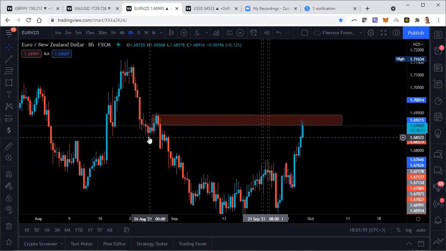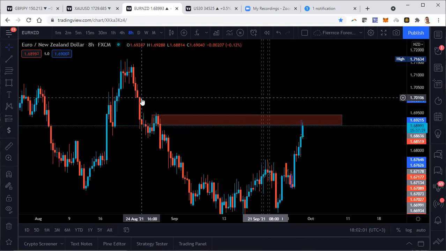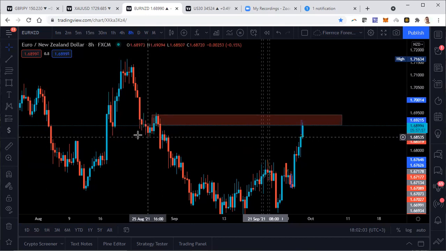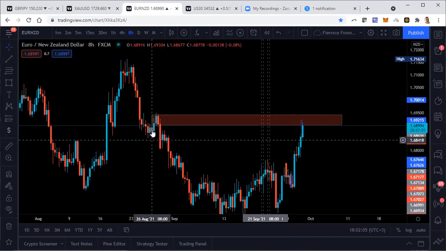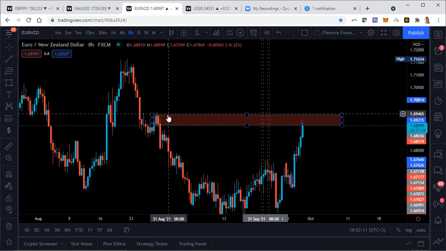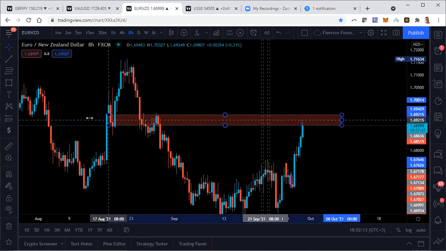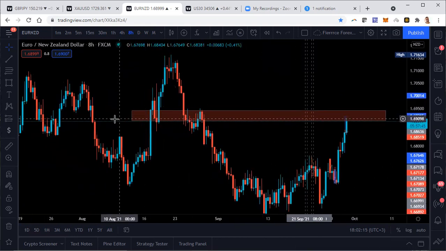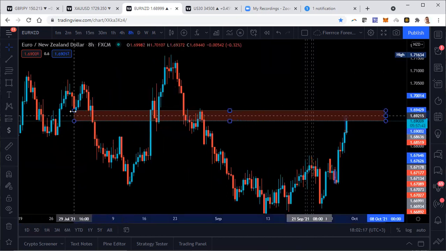So what happened is, when price pushed up, you see this first time when it formed this base here, this was a significant low, because this is when price for a couple of hours pushed back into this zone. I can extend this out like this, and we can see again a point of interest.